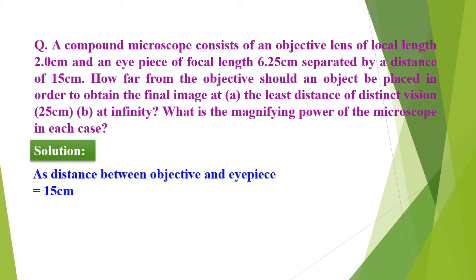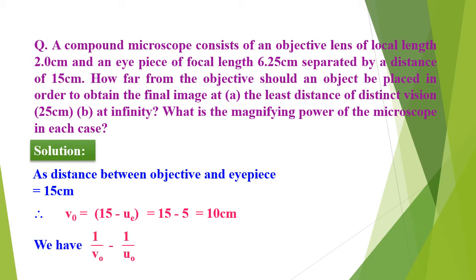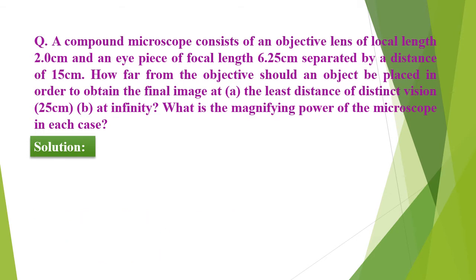As the distance between the objective and eyepiece is equal to 15 centimeter, therefore VO is equal to 15 minus UE, that gives rise to the value of 10 centimeter. We have 1 by VO minus 1 by UO is equal to 1 by FO. 1 by UO is equal to 1 by VO minus 1 by FO.